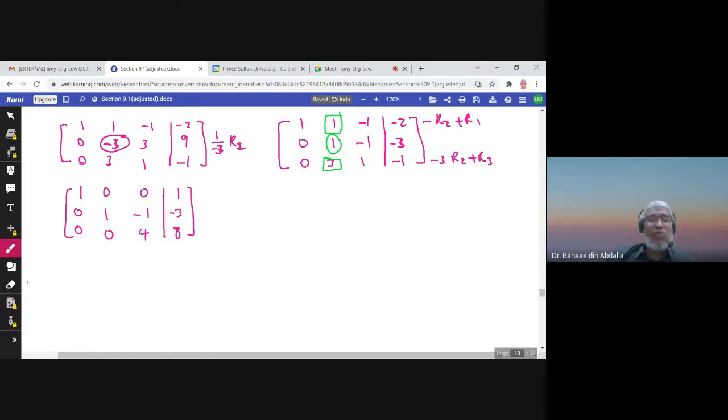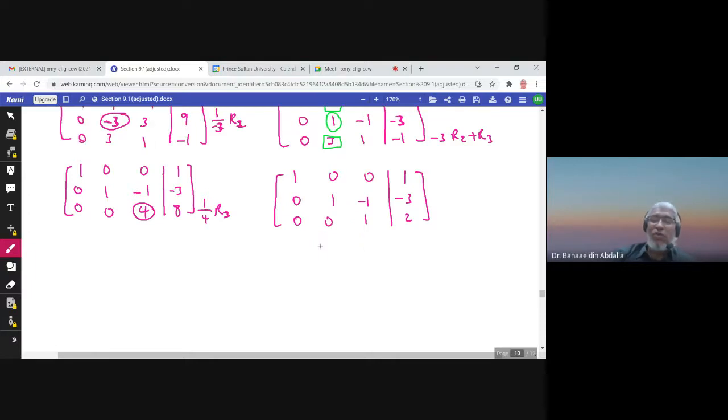Now let us go to column 3. What do I need? This number has to be 1. So 1 over 4 R3 will make it 1. Eight over 4 is 2.